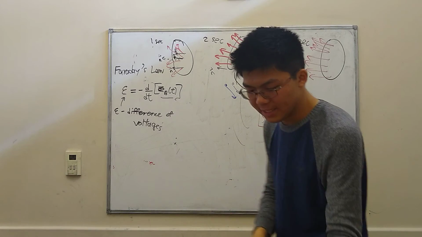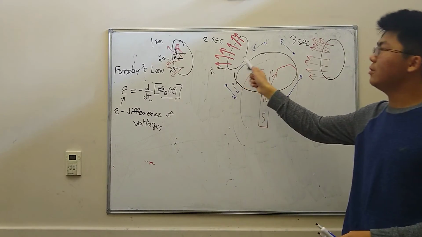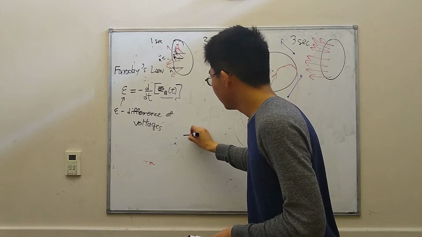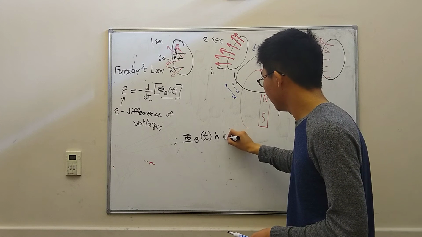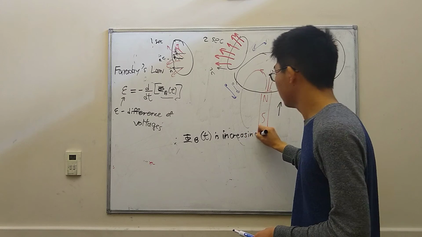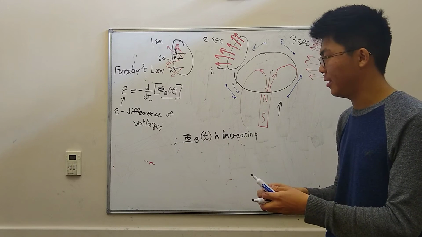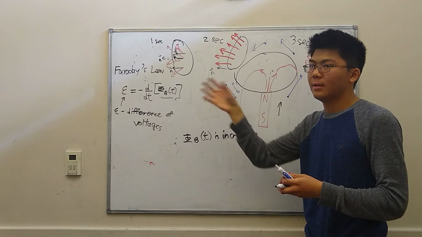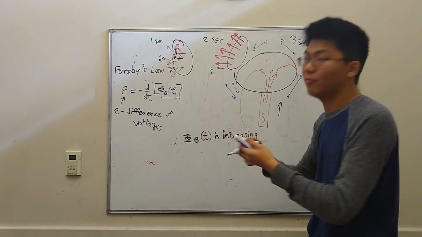So in this case, we've seen that in the 1 second, 2 second, and 3 second cases here, the flux is increasing. So this is increasing. That means the derivative of this is also a positive number, because the rate of the change of the flux is increasing, that means the derivative will be positive.